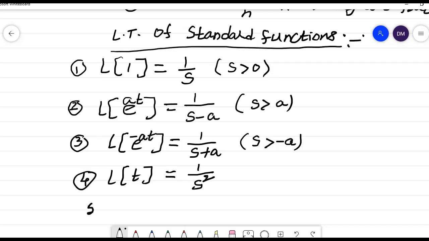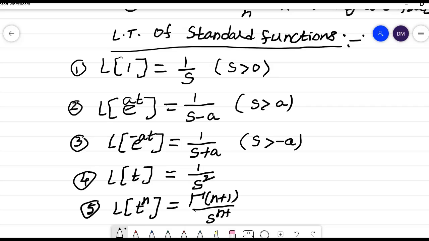And the fifth one is Laplace transform of t power n. Laplace transform of t power n is equal to gamma of n plus 1 by s power n plus 1. So this is the fifth property. Right?